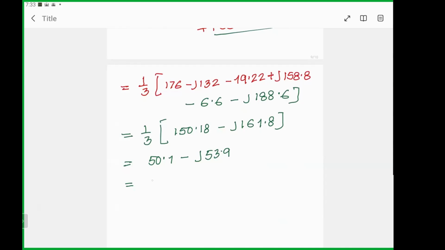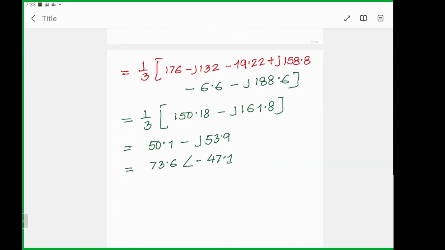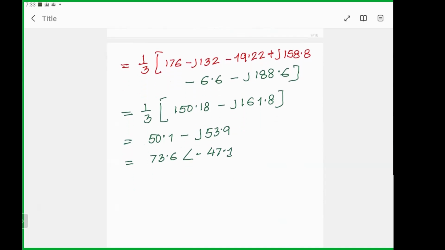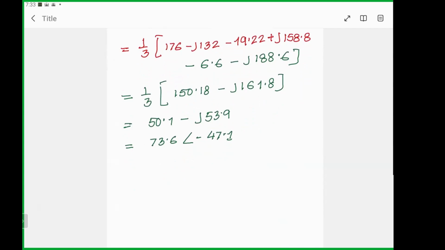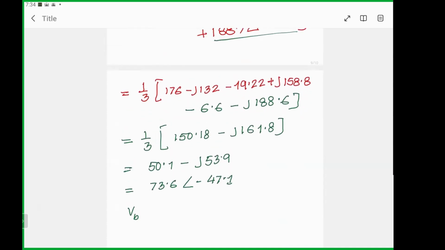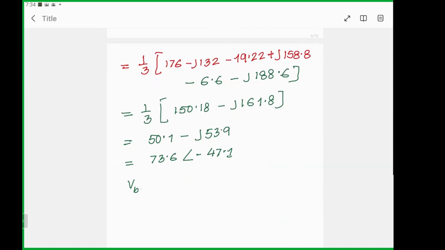73.6, angle minus 47.1. Okay, so this is A2, and I have done this in order to find out BB2, the negative sequence.